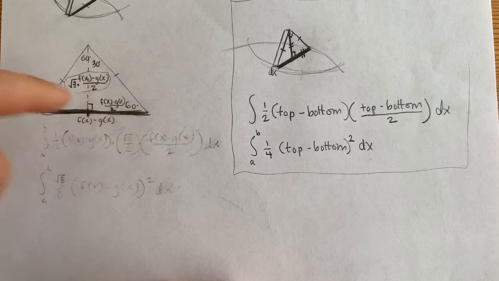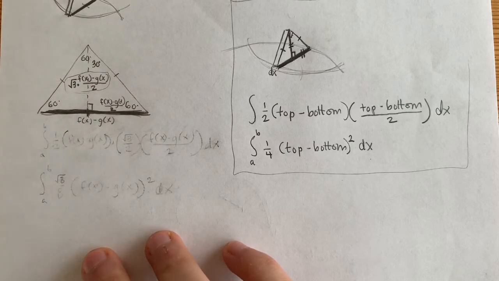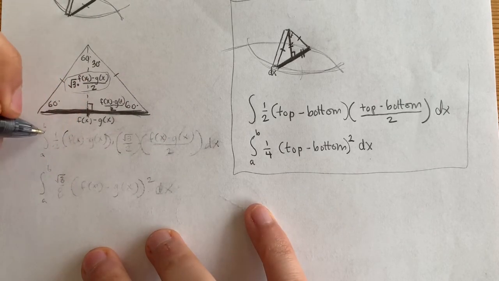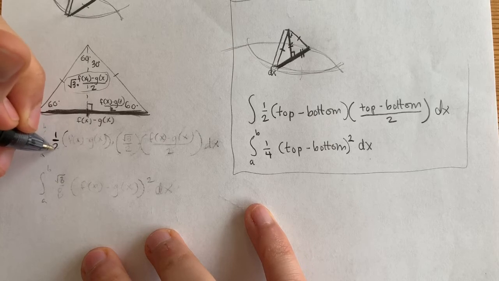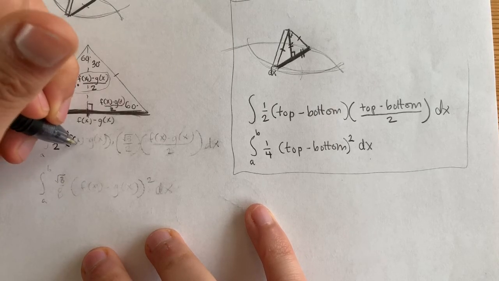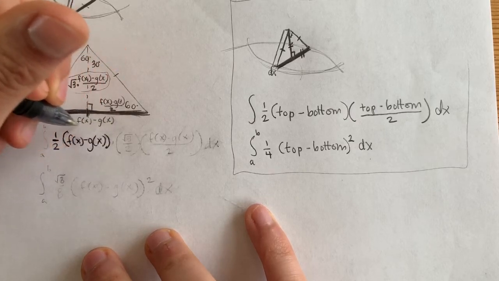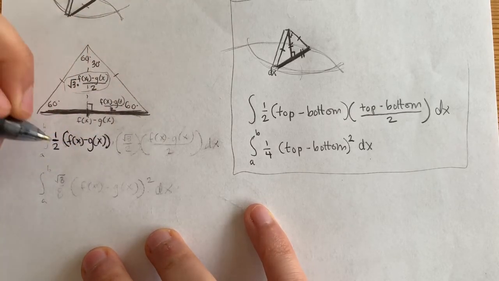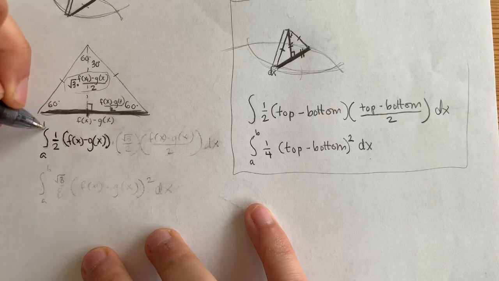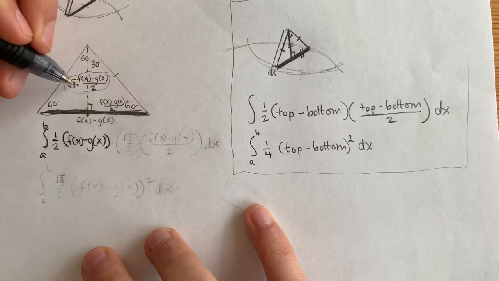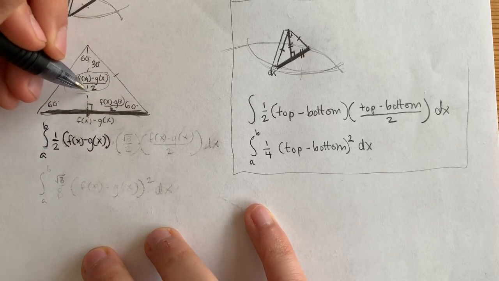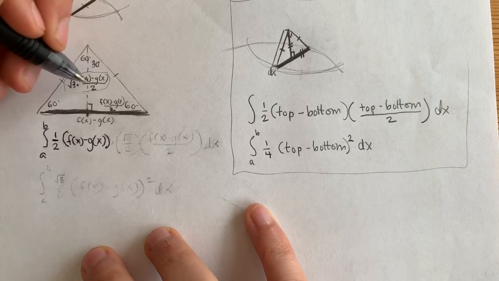Okay, now that I have all these pieces of information, I can set up my integral here. 1/2, the base we said was f of x minus g of x. That's this length right here. And then the height is a rad 3 over 2 piece times the f of x minus g of x.